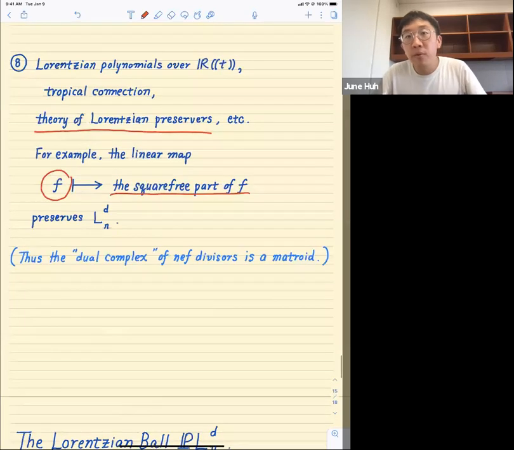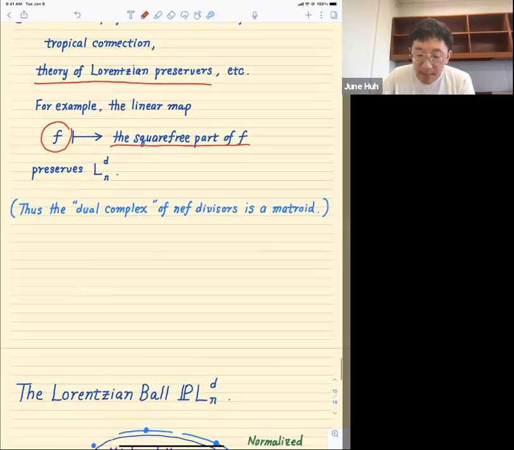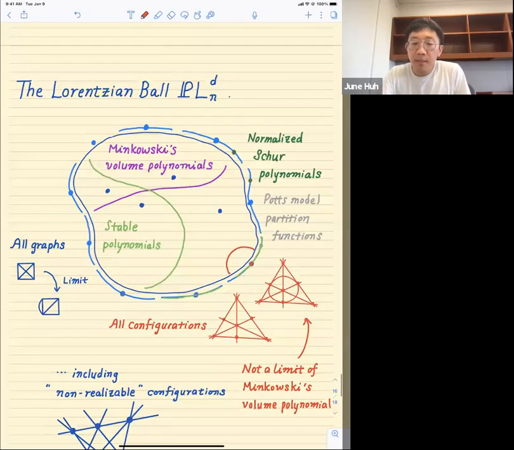So this is how you would arrive at the theory of matroids if you were an algebraic geometer or projective geometer and never heard of matroid theory before. So this is the situation. For every given d and every given n, you have this ball, the Lorentzian ball.